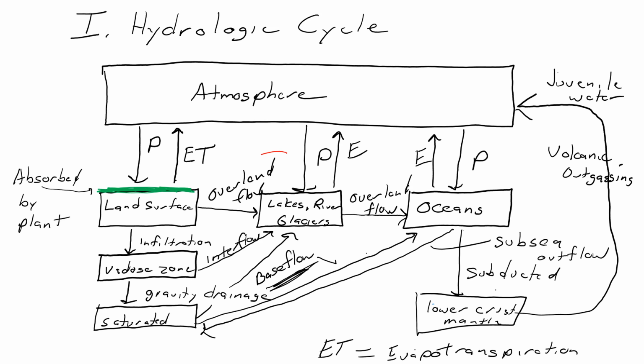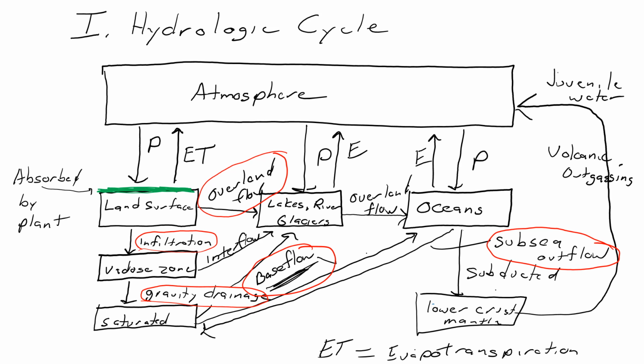So the big ones that we're going to talk about in here are overland flow. Not so much in here, a little bit in here, but a lot in other hydrology courses. We're going to talk a lot about base flow because it connects with the groundwater system. We're going to talk a lot about infiltration and gravity drainage. That's where our water comes from.